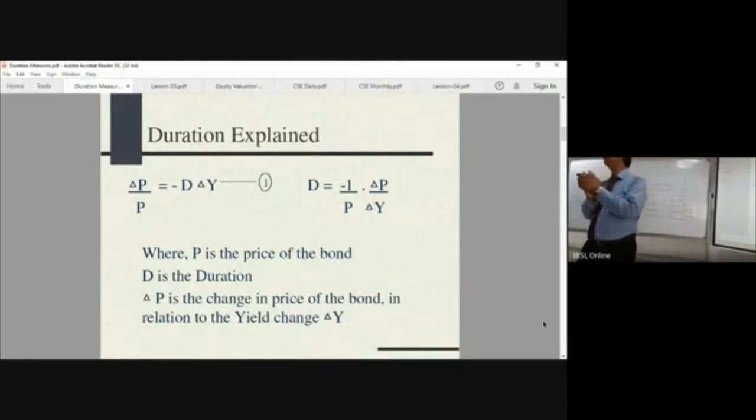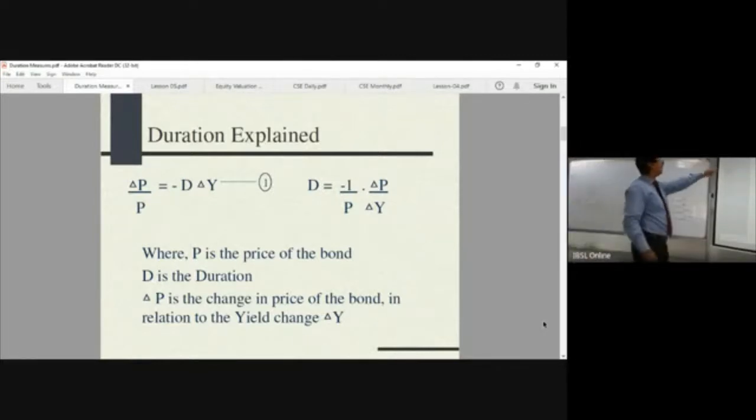Then what is the price change? 2%, 2 over 100. So this is the relative change in price. The left-hand side of this equation shows the relative change in price, and it is equal to the relative change in yield into duration. So duration is defined in that manner.